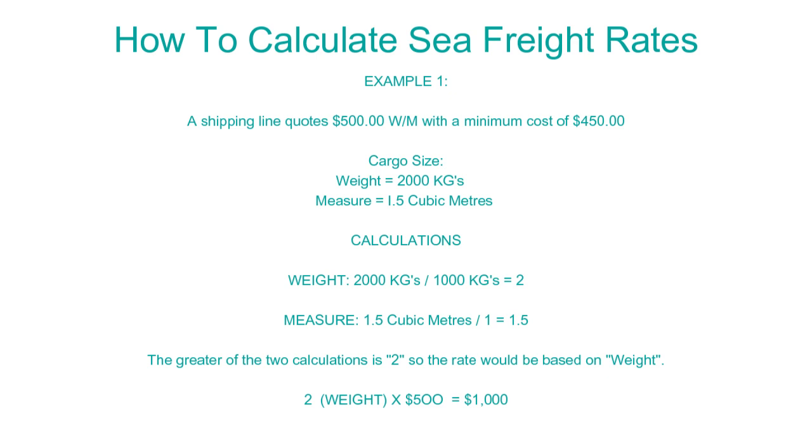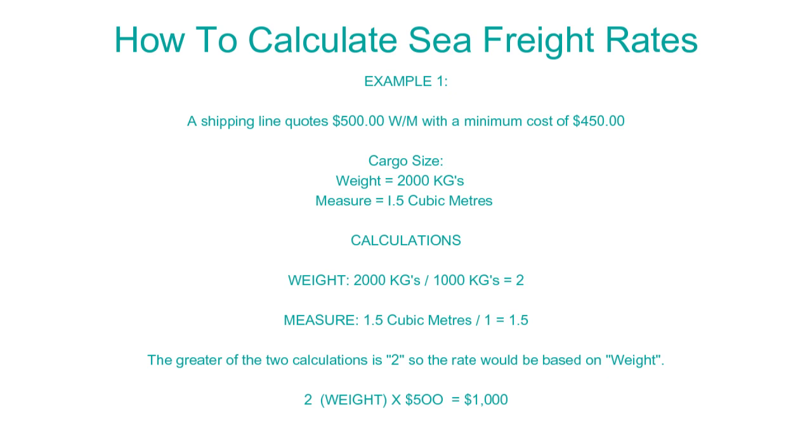Measure 1.5 cubic meters divided by 1 equals 1.5. So now you have two equations. You have 2 or 1.5. Well, of course, the shipping line will use the bigger of the two. So the equation is 2, which is the weight, multiplied by $500, $1,000. So the freight rate is $1,000.